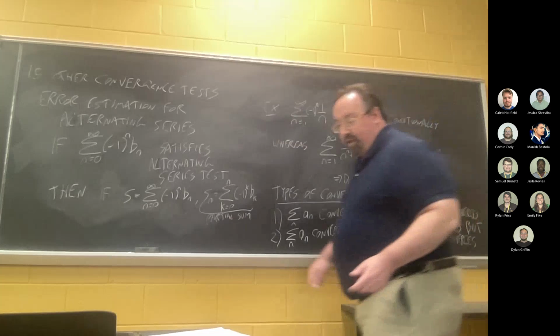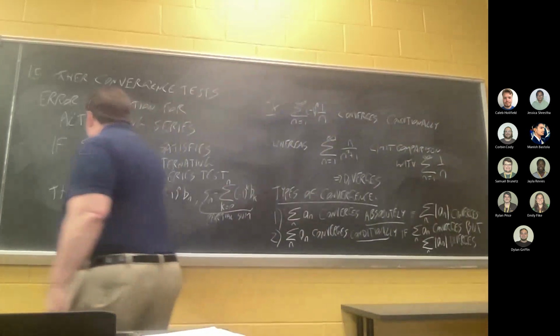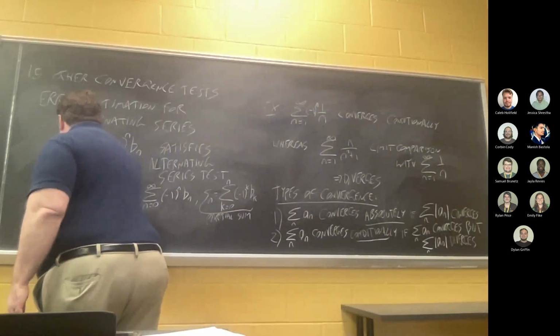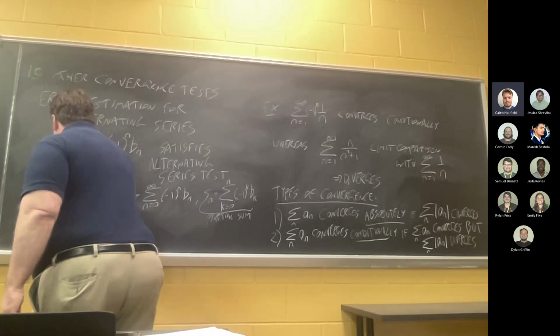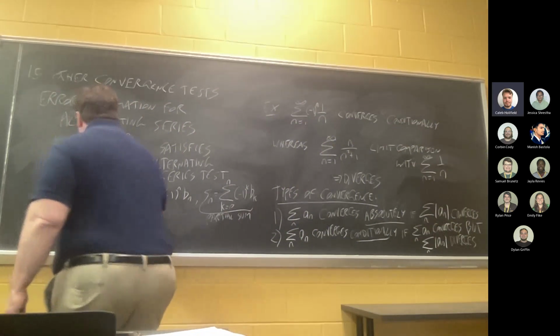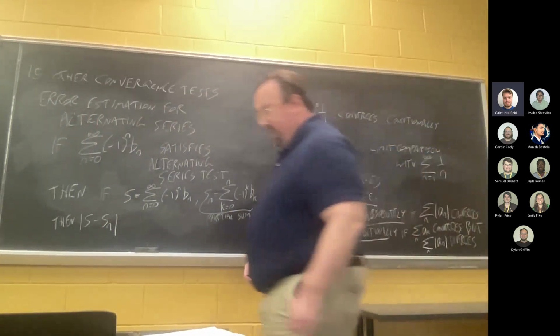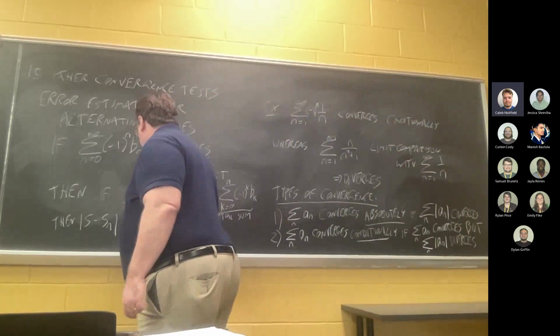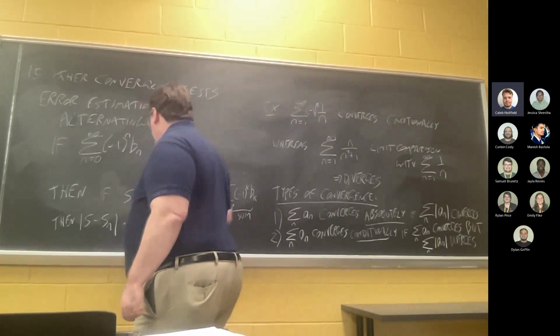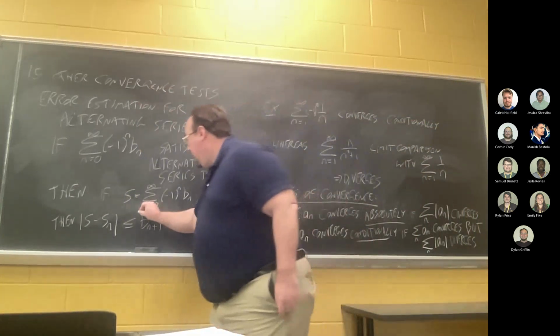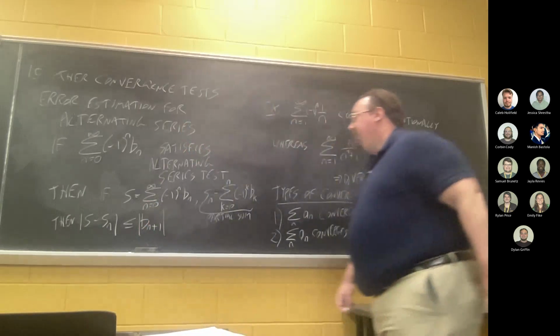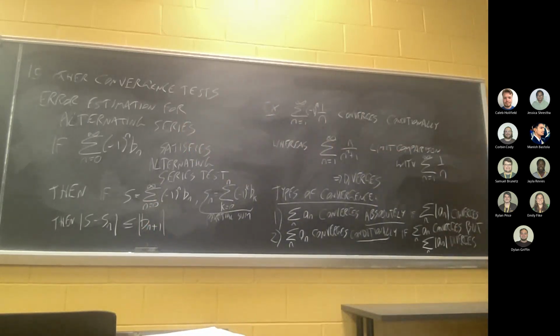We can conclude the following, that the difference between the exact sum and the partial sum is less than or equal to the magnitude, the absolute value of the next term in the series.